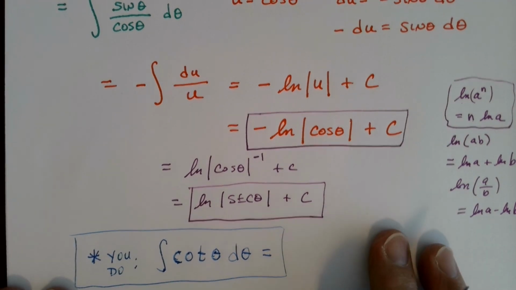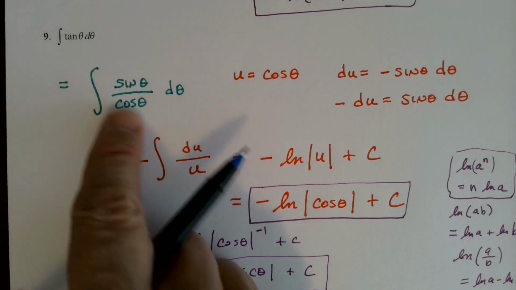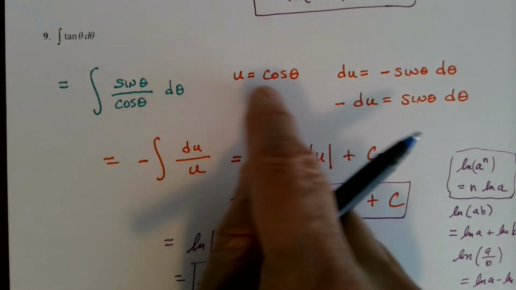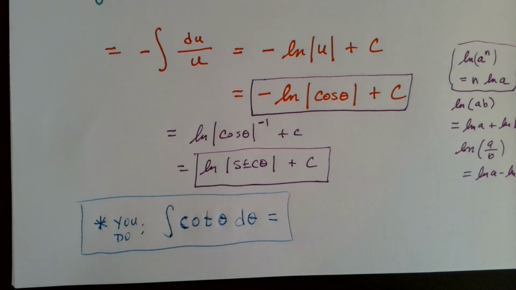Do that one on your own and see if you get something very similar. Tangent was sine over cosine, so what are you going to do? Cotangent theta is cosine over sine. Instead of u equals cosine theta, you'll do u as sine theta. Work it out and you'll get something similar to what we have here. That'll be the antiderivative of the cotangent function.